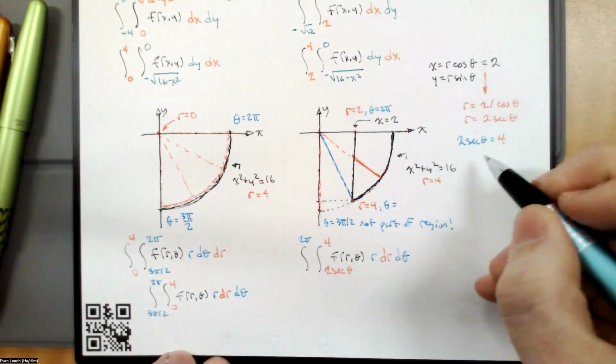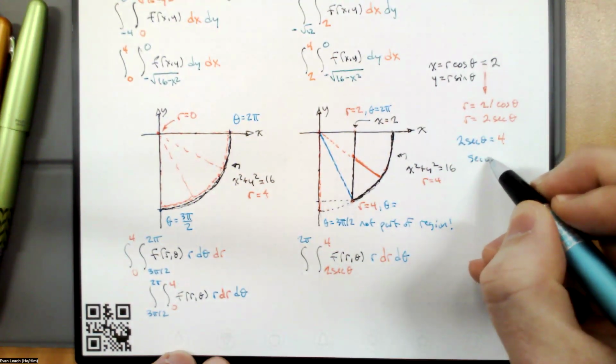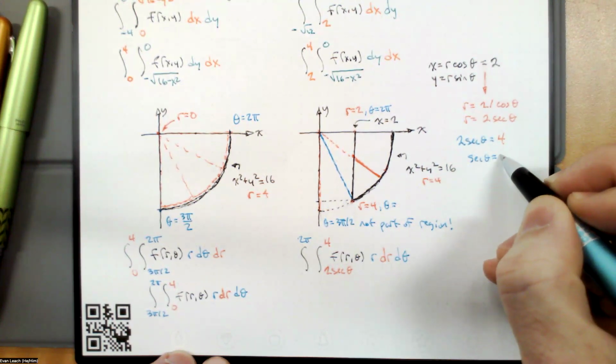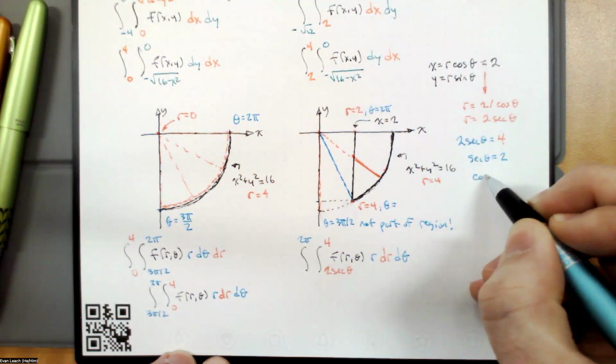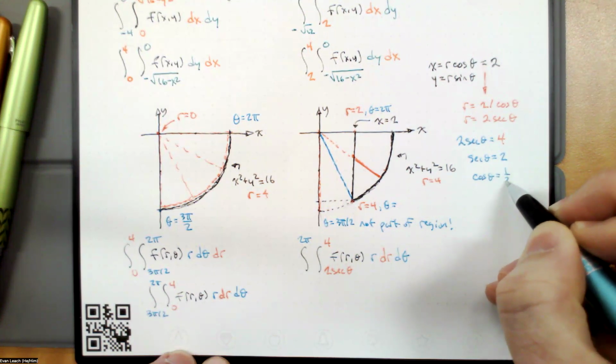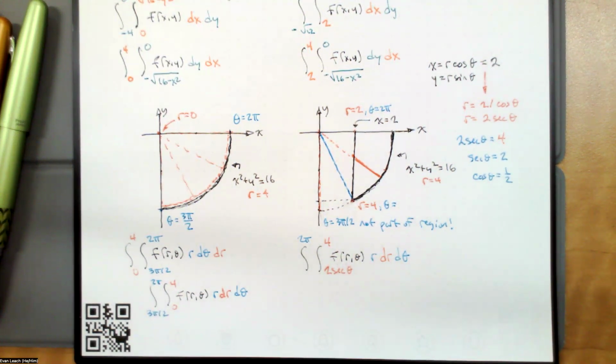So secant of theta is 4 over 2. So cosine of theta is equal to 1/2. This gives us a reference angle of pi over 3, 60 degrees, or pi over 3 radians.